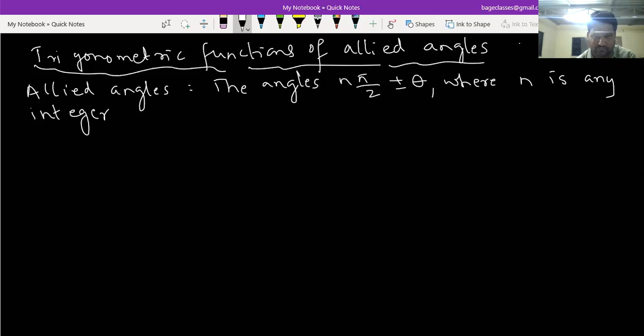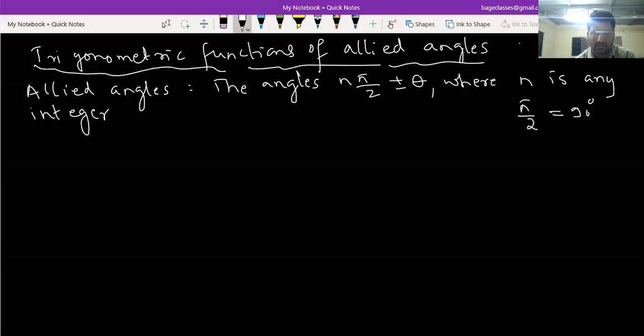an allied angle. And you know that pi by 2 is nothing but 90 degrees. So we can define it like this also: n into 90 plus or minus theta. So 90 plus theta, 90 minus theta. If I take n equal to 2, it is pi plus theta, which means 180 plus theta, 180 minus theta.